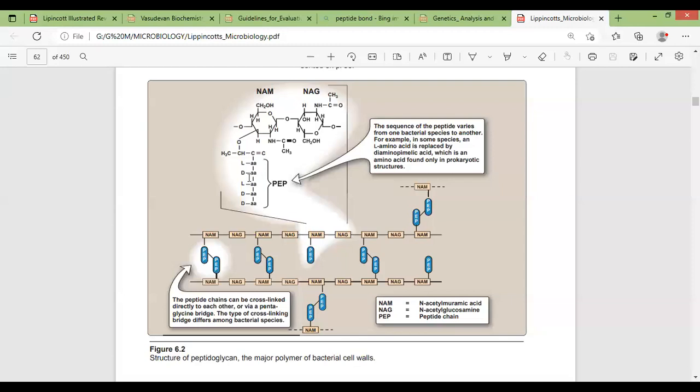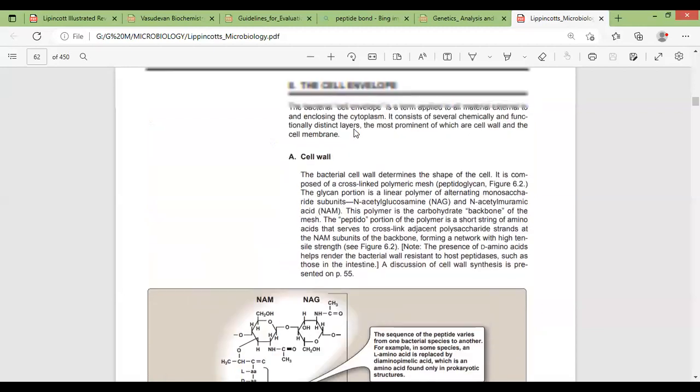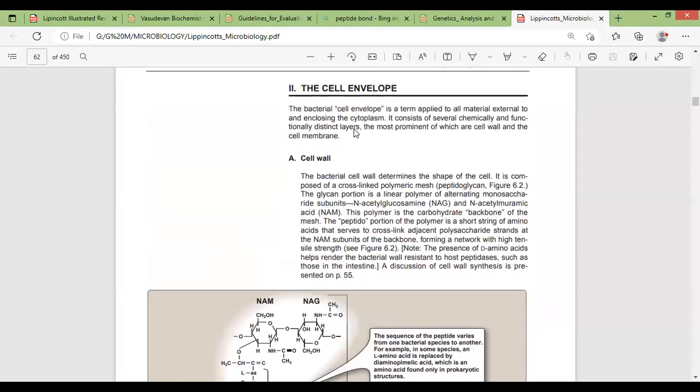These are amino acids, you can see alanine, some amino acids here, hence the name peptide. Glycan is the sugars, right? These are sugar structures from the biochemistry we did last week. So that is the peptidoglycan layer.